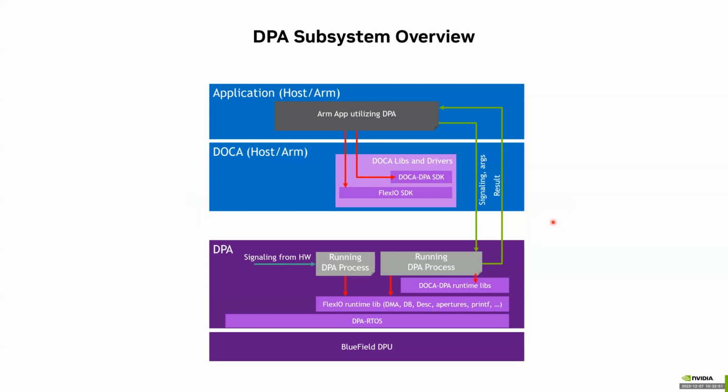So you want to say, okay, whenever these events happen, I want to trigger this event handler on the DPA, on one of those RISC-V cores, right?